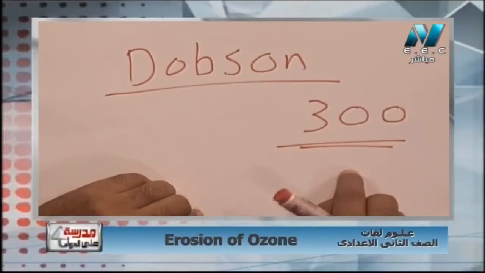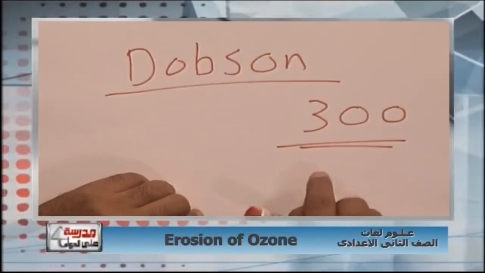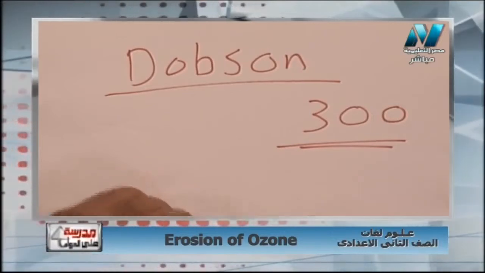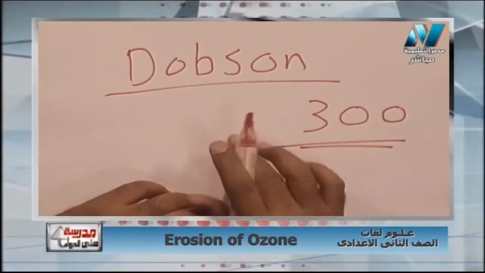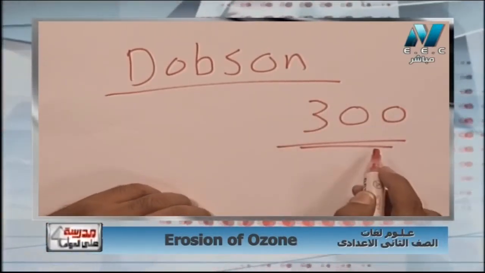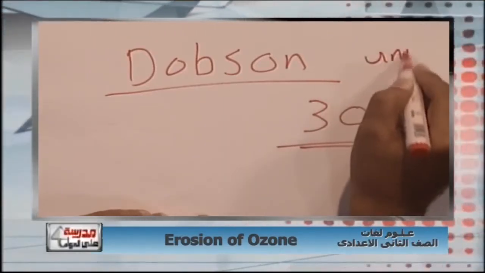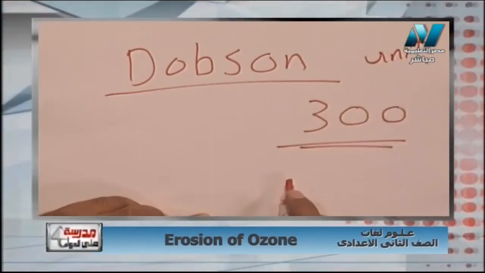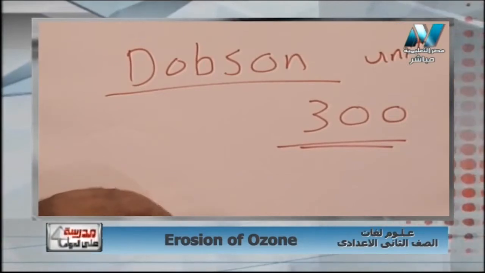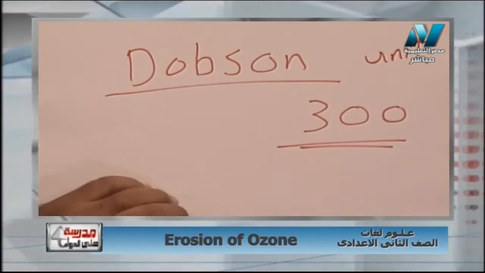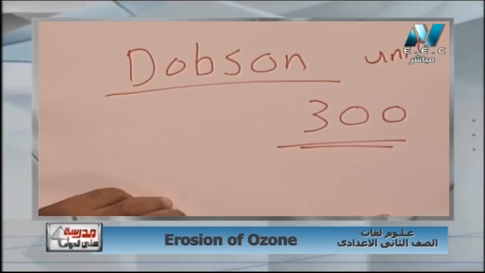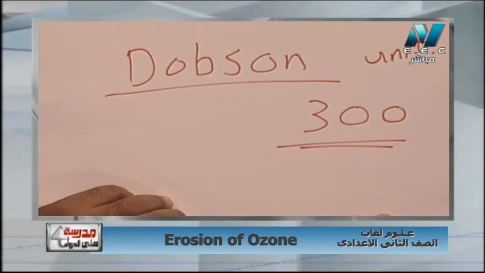Each one is called Dobson, to measure the thickness of ozone in fact. So what's Dobson? It is a measuring unit of what? Of ozone thickness. Dobson is a unit to measure the ozone thickness. And we studied before picometer is the measuring unit of the radius of atom.